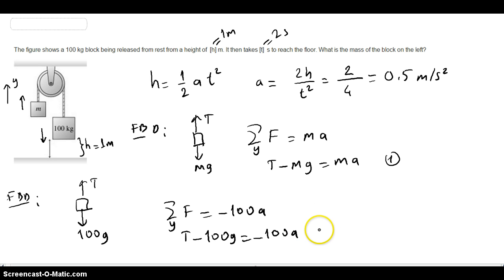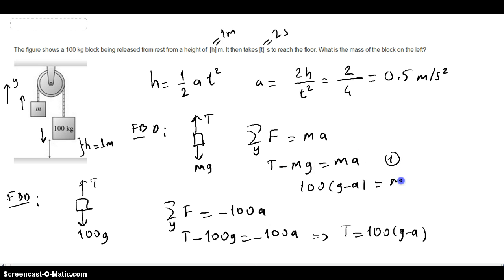So from this equation we can solve for T. T is equal to 100 times (g minus a), and in the first equation we can replace T by this value, 100 (g minus a), and on the other side we can pass mg to the right hand side.